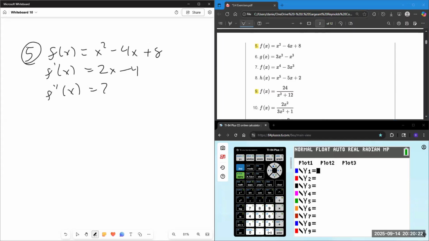The second derivative has no zeros, so there are no places where the concavity is going to change. So it's going to have positive concavity everywhere. From negative infinity to positive infinity, we'll have a positive value of positive 2 for our concavity. So that's going to be concave up from negative infinity to infinity.